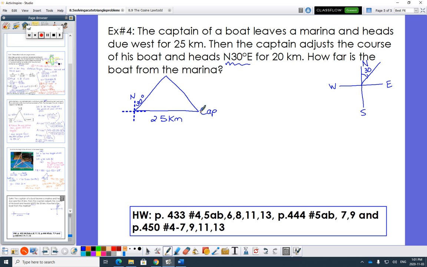So then inside our triangle, what is that? 60. Okay? And then he goes 20 kilometers.